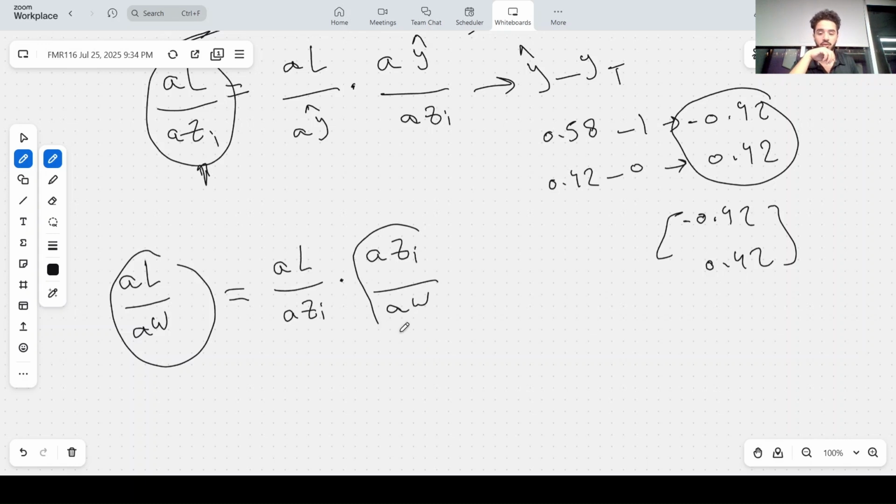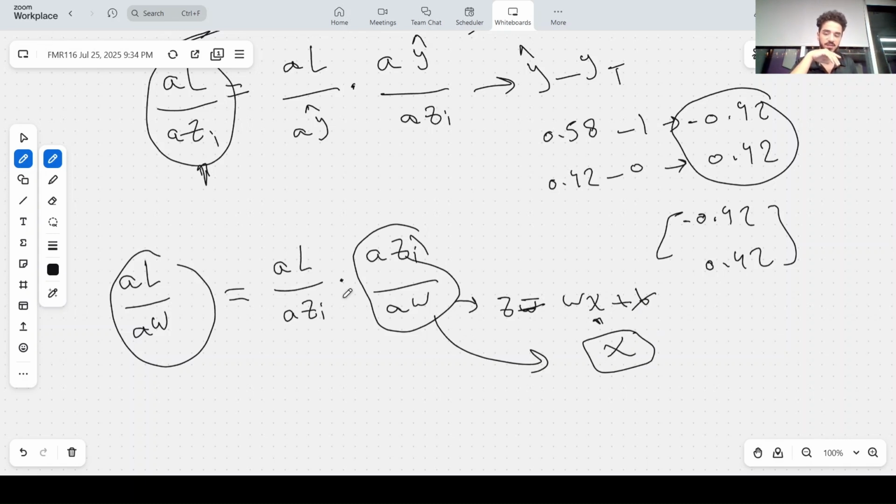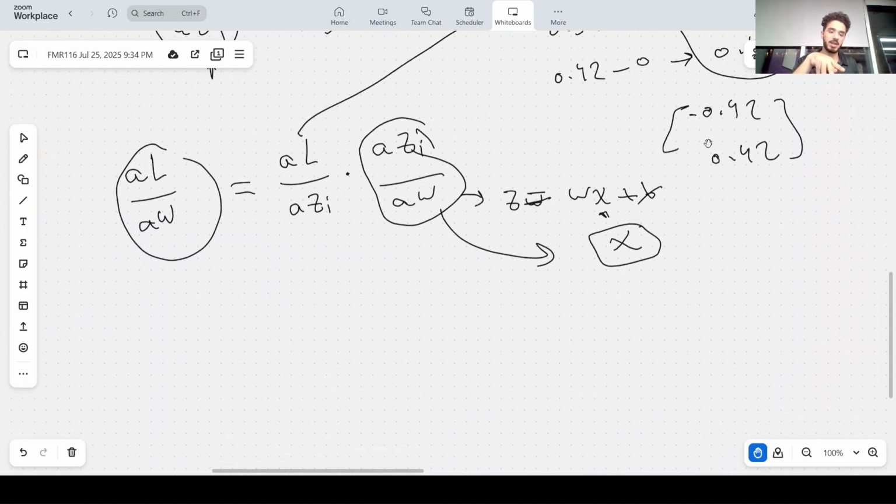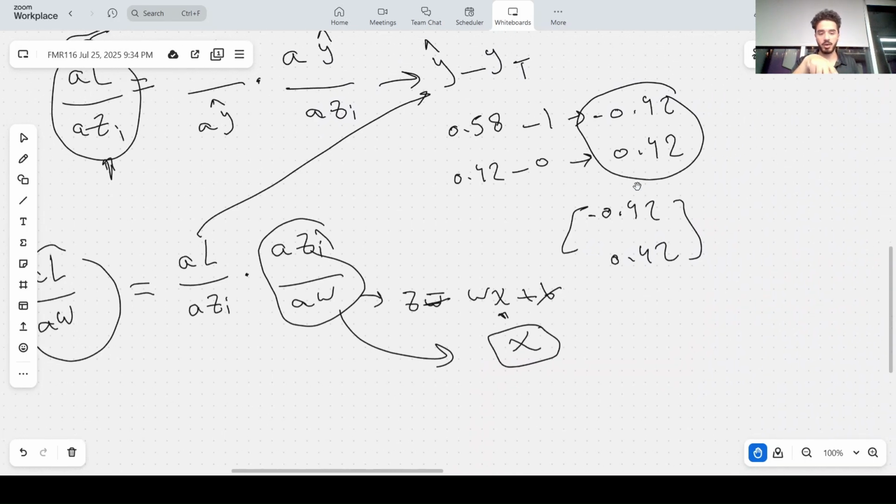This is from our original function, which is Z equals WX plus b. Getting the derivative of it, X is like a constant here, so it will be X. And we got the derivative of the loss as y hat minus y true, which is this vector. So we should have the vector of X, and we now have the vector of y hat minus y true.